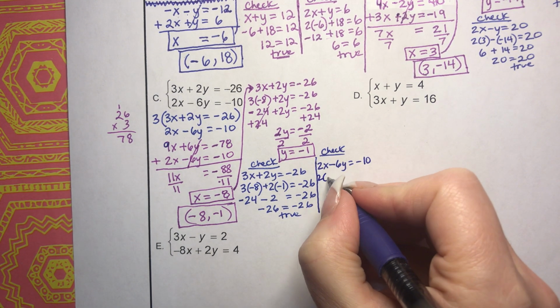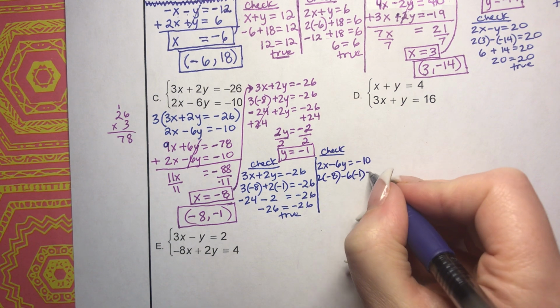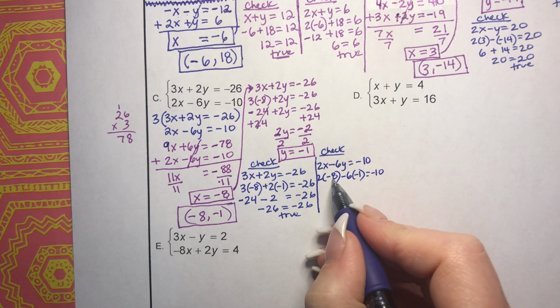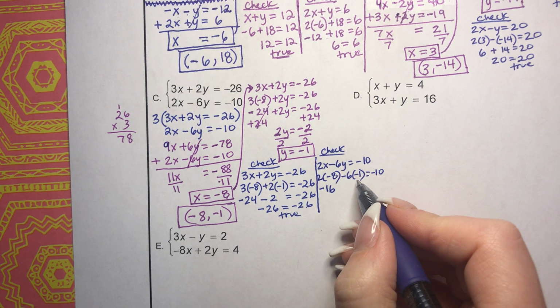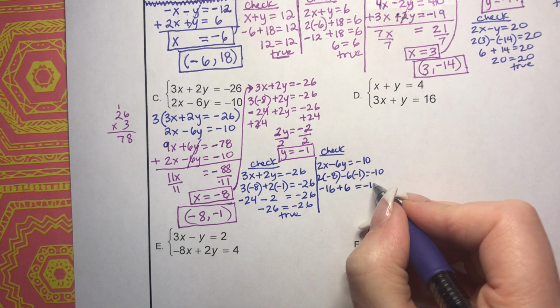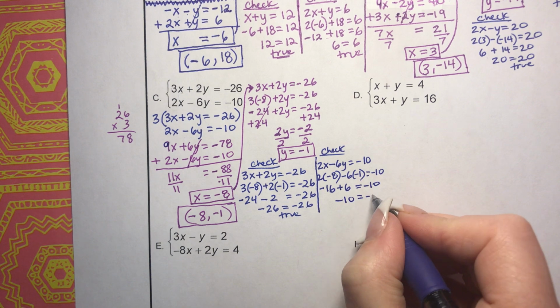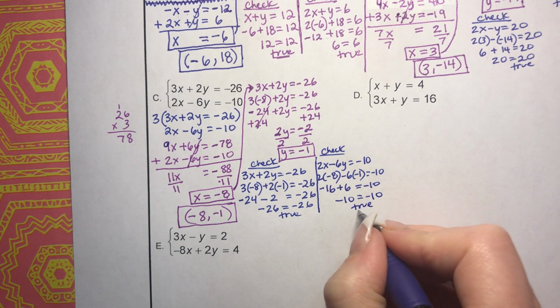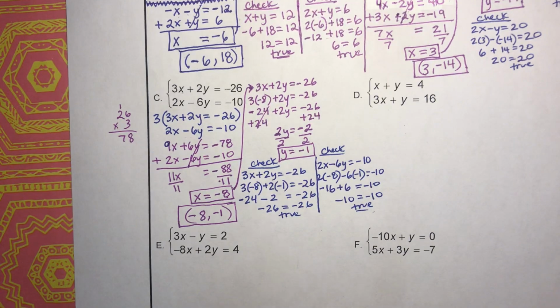I get 2 times negative 8 minus 6 times negative 1 equals negative 10. 2 times negative 8 is negative 16. Negative 6 times negative 1 is a positive 6 equals negative 10. And yeah, negative 10 equals negative 10. That is a true statement. That means this is the solution to everything, okay?